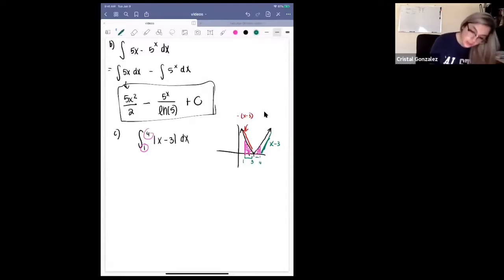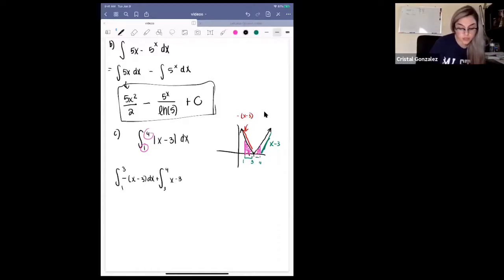And so you're going to rewrite this integral as two different integrals. Instead of writing the absolute value, you're actually going to do negative x minus 3 dx, and that's going to be from 1 to 3, plus the integral from 3 to 4 of x minus 3 dx.